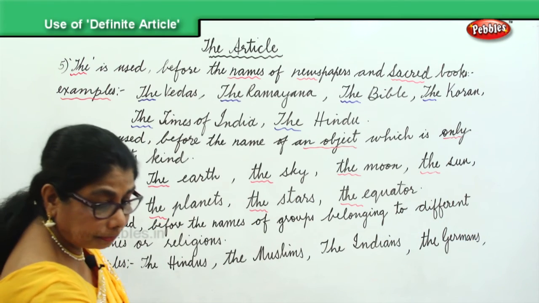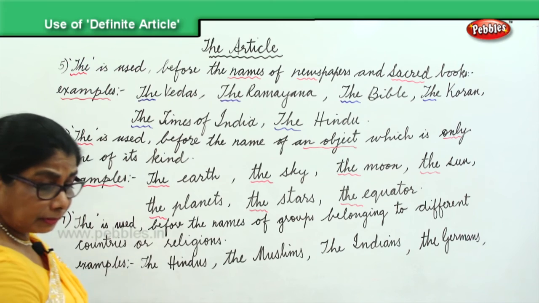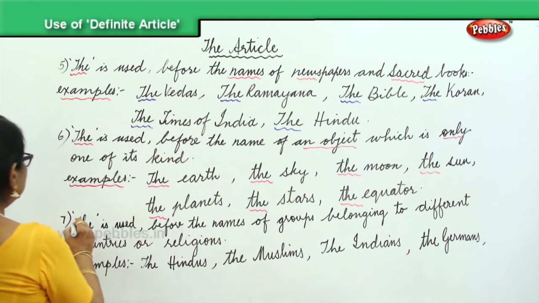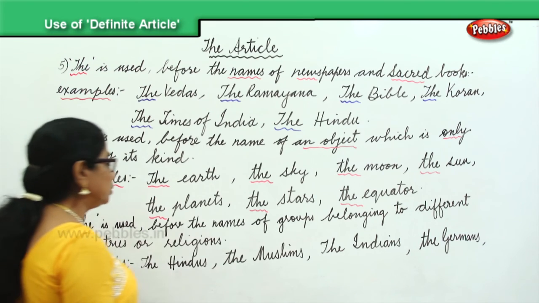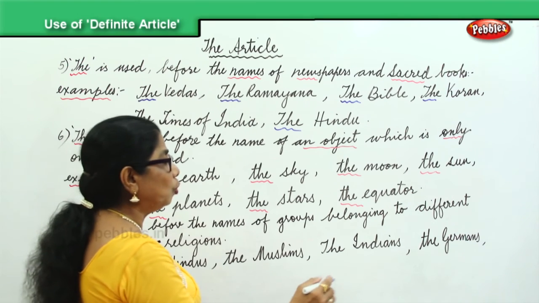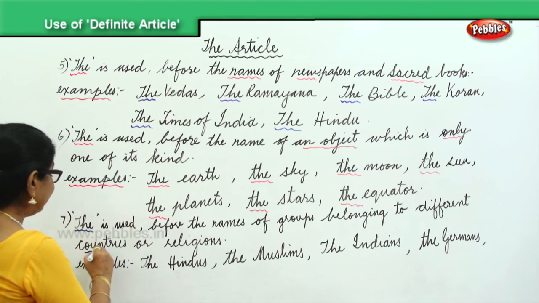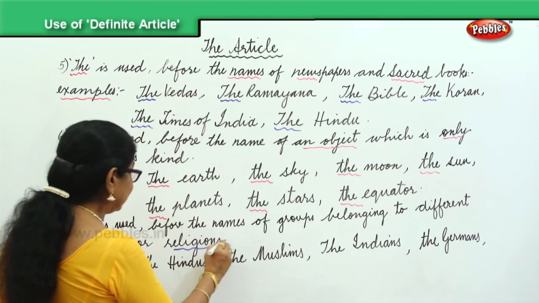Okay, so we are talking about the definite article the is used before the names of groups belonging to different countries or religions.